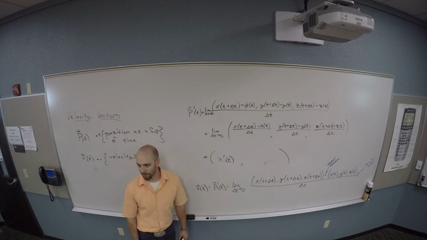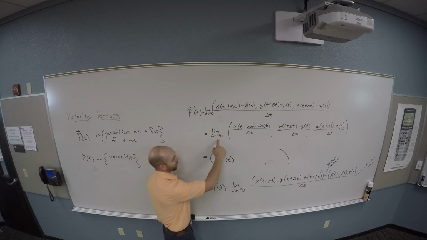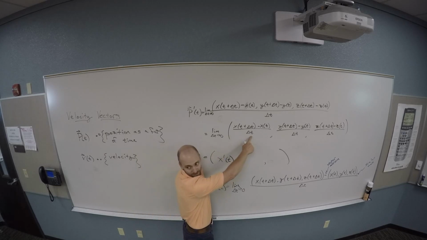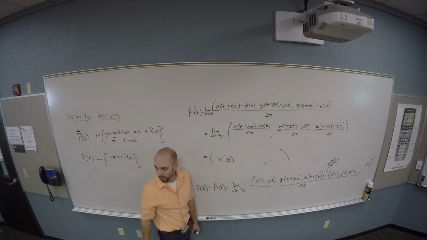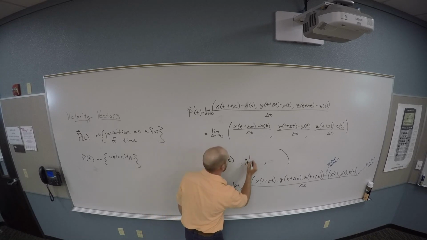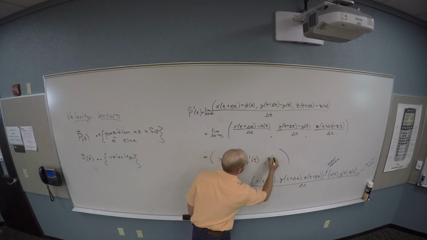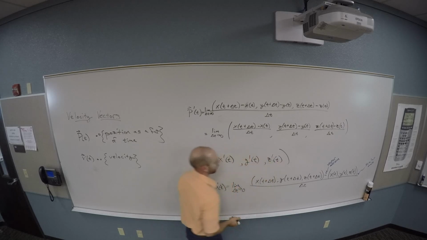If I take the limit sending delta t to 0 of this stuff, what do I get? Well, that's the difference quotient for x, right? So I get x prime. What do I get in the y slot? y prime. And then you get z prime.